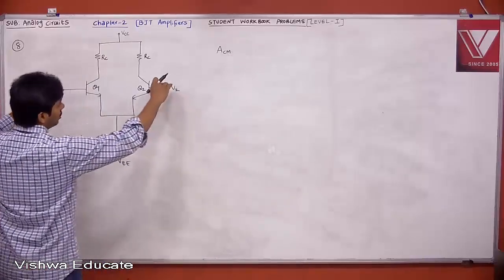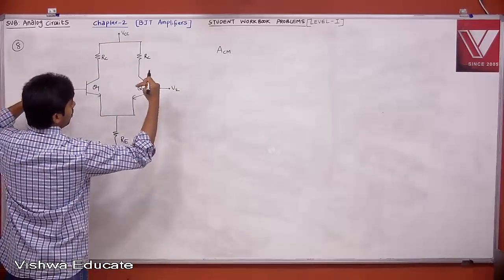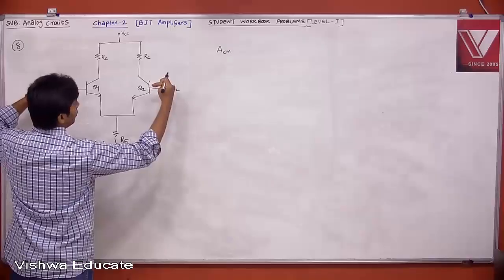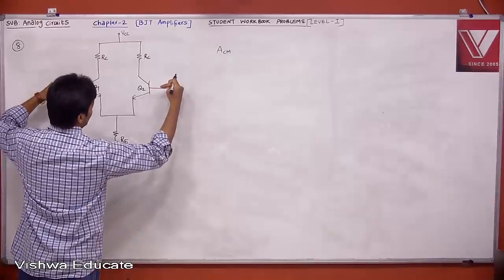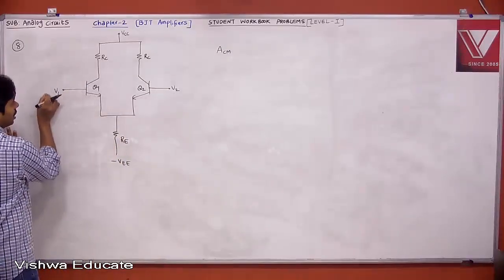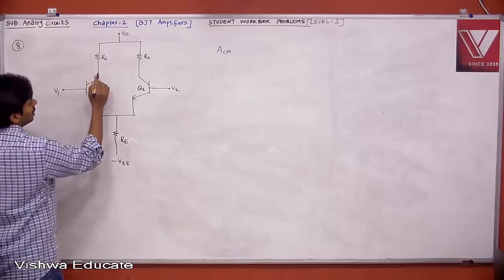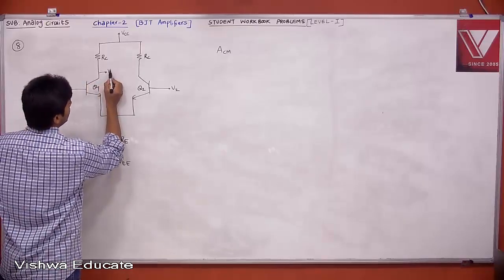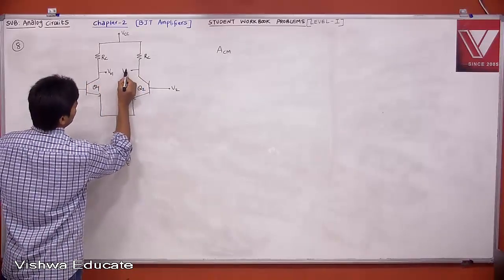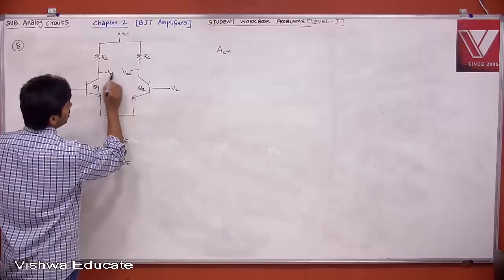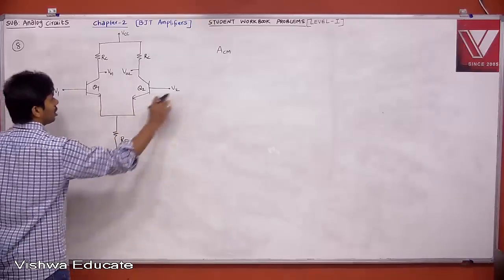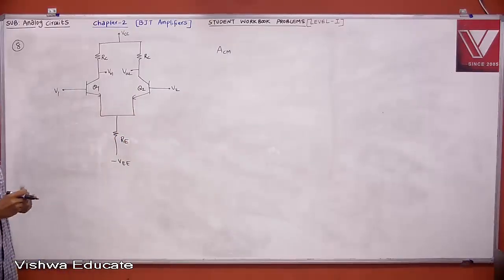When V1 is equal to V2, you are applying a signal which is common for both the inputs, which is V1 plus V2 by 2, or V1 is equal to V2, if you short both of them. You change this voltage, and I don't want to see any change in my output voltage. This is your V01 and this is your V02. I don't want to see any change in V01 or V02. If you short both of them, they will vary, right?